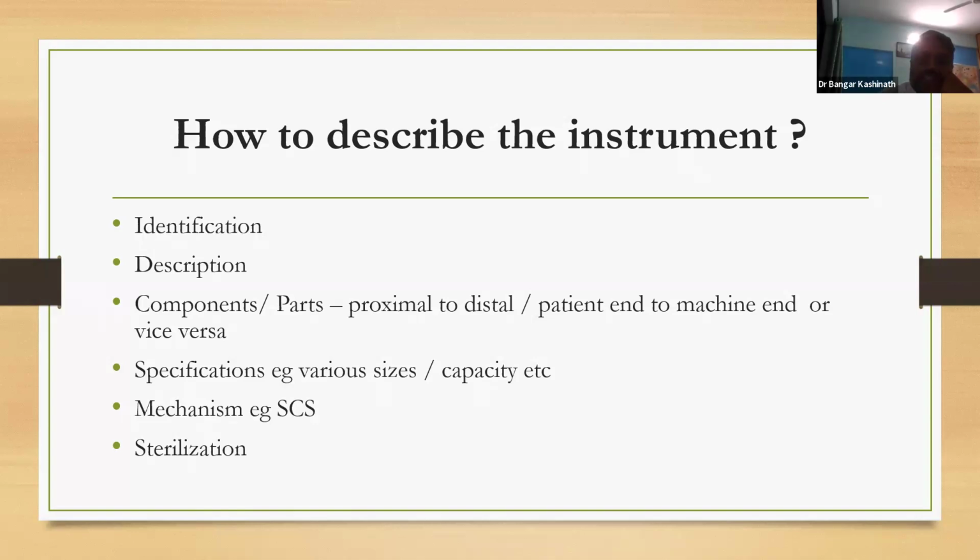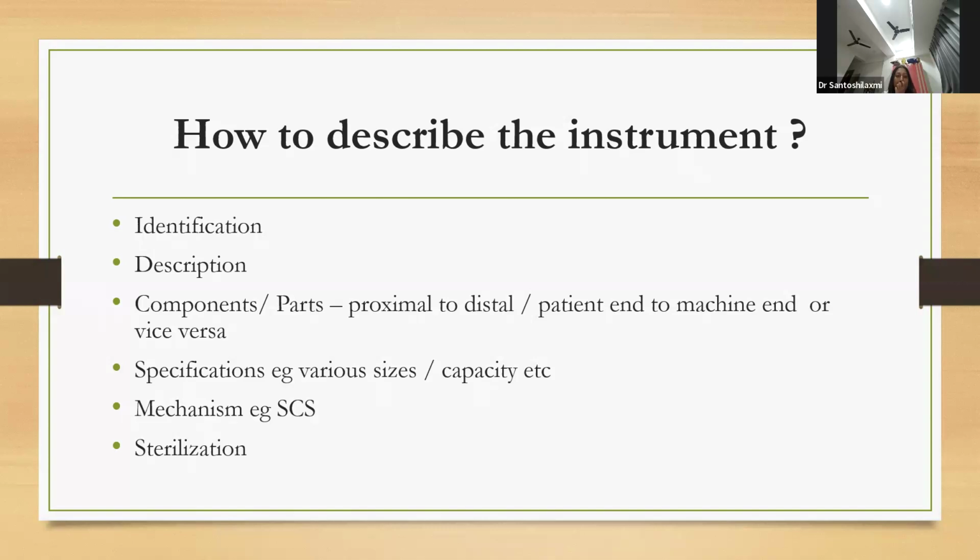Next point is sterilization of the instrument. The instrument could be pre-sterilized, or if it is reusable, you have to sterilize it with whatever is the method, right? So are you clear till this point? Yes, sir.